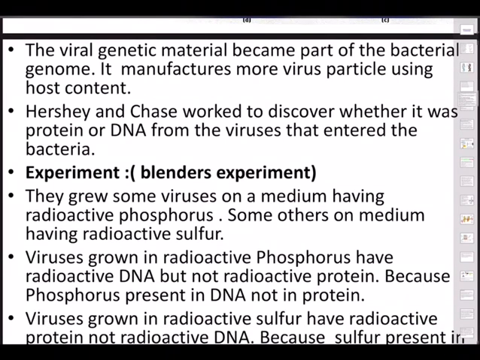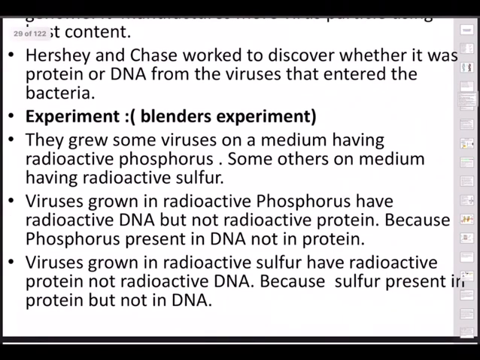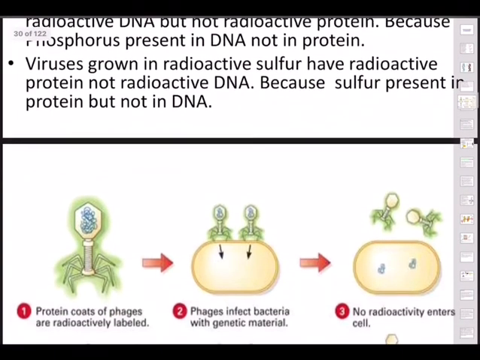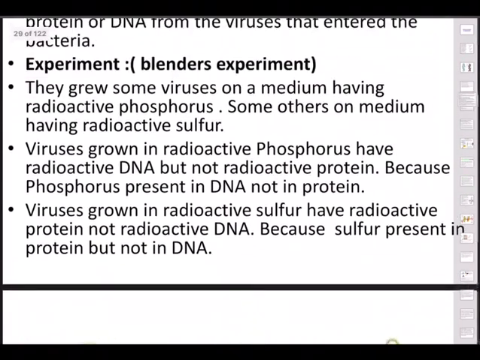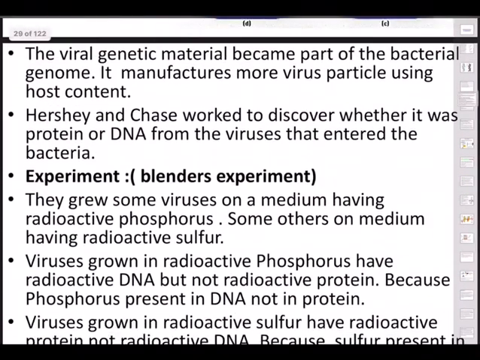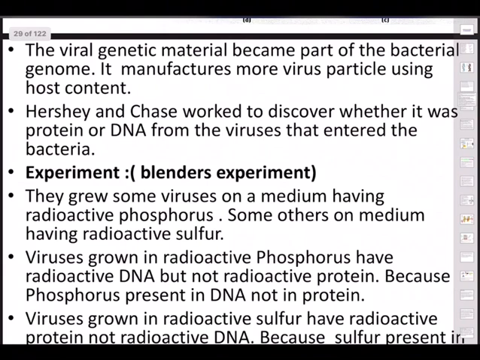In D, the numbers are increasing, and in E it's breaking. The bacteria is broken by the bacteriophages. So the viral genetic material became part of the bacterial genome. It manufactures more virus particles using host content. This is how even COVID-19 is also doing the same.